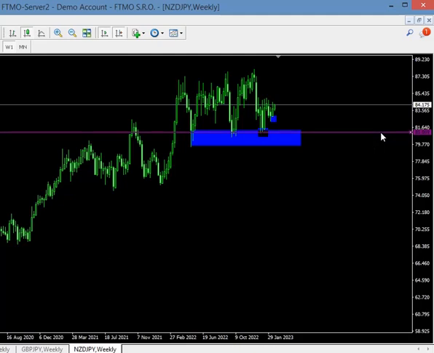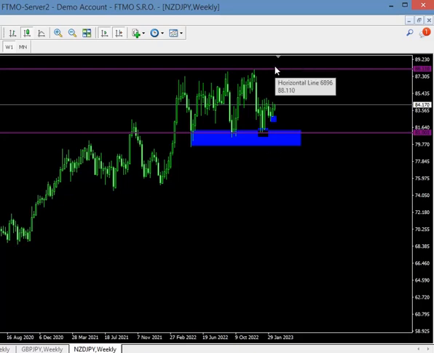Let's say the 81 area. That's the area that the market has been making the demand zone. So we are going to mark our neckline at that area. The market will go, and probably there is a high probability that it's going to move through this distance from this level to this level.